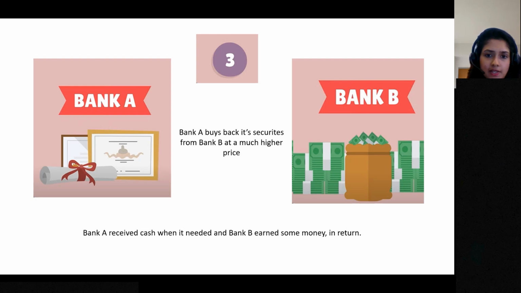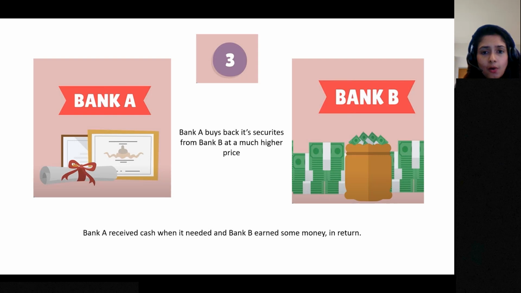You enter into a transaction, you get the money when you are in need, and in return, you give back at a very low rate. If you go to a bank for a loan, you will get a much higher rate. But when you enter into a repurchase agreement, you decide the terms and conditions. Okay, at 0.1%, at 1%, at 2%, you decide the rates. Everything is decided, and then you finally enter into a repurchase agreement.